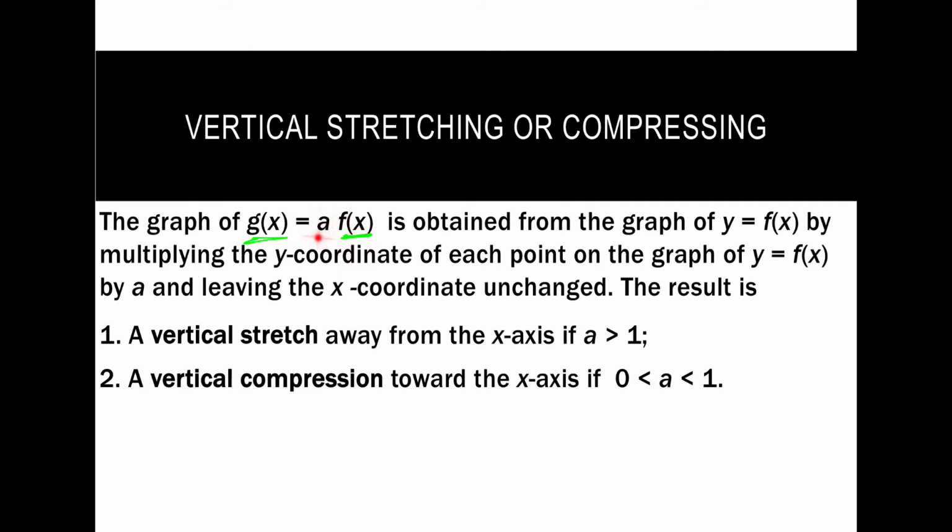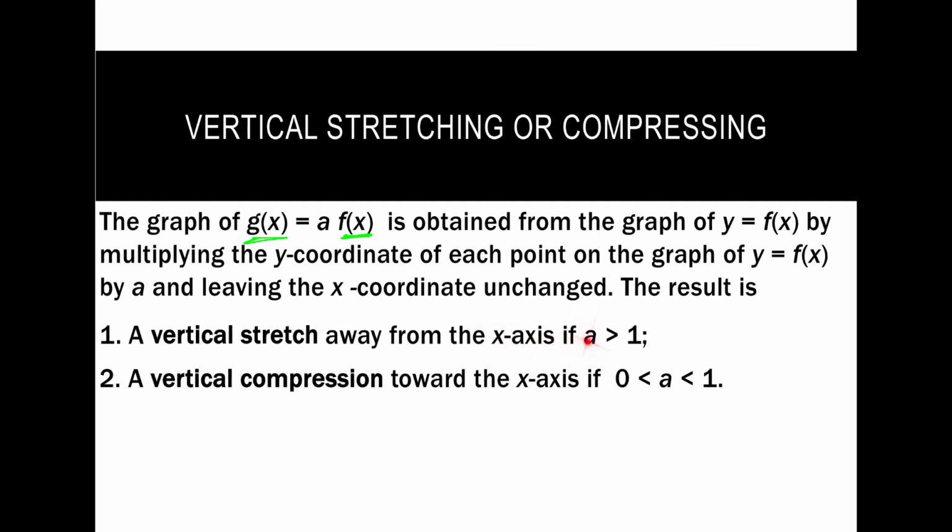A we think of as some sort of number. So we're multiplying the y coordinates, right? The y is our f of x. The y coordinates of each point on the graph of my original f of x equation by a, and leaving the x coordinate unchanged.